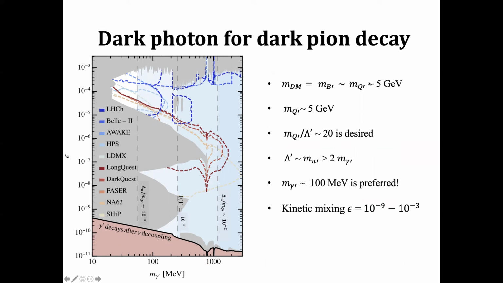Because your dark matter mass is fixed, you fix your quark mass, you need your splitting between MQ and lambda. So this pushes down your lambda. And lambda QCD is about the same as pion mass and has to be larger than the dark photon mass. So a dark photon mass around 100 MeV is preferred. So this is the interesting parameter.